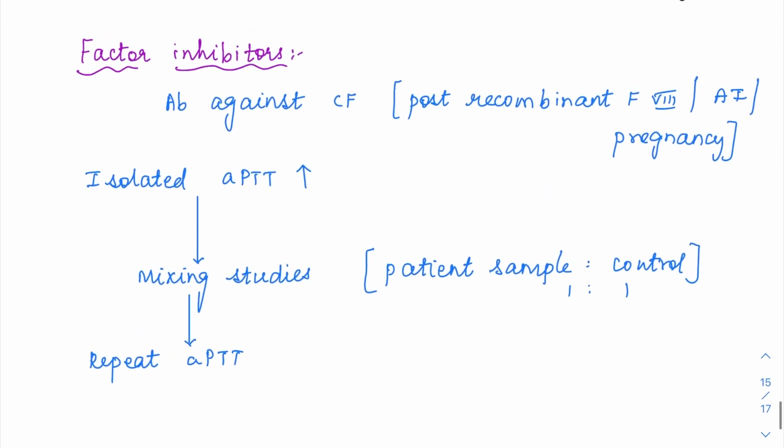Then there is something called factor inhibitors. As the name suggests, there are going to be inhibitors against the clotting factors. These inhibitors can be formed by themselves, as in an autoimmune condition, where autoantibodies can be formed against factor 8, or during pregnancy, or after recombinant factor 8 therapy with Humate.